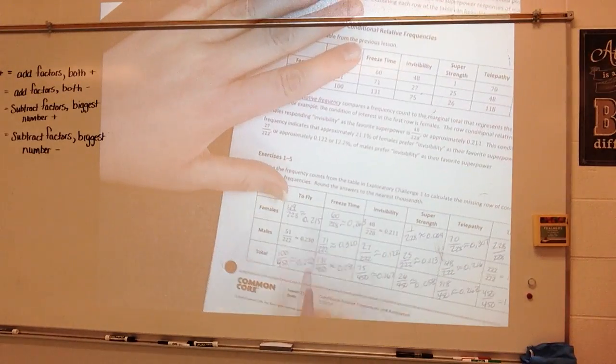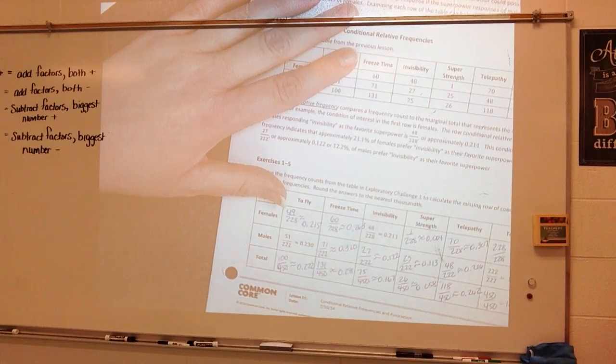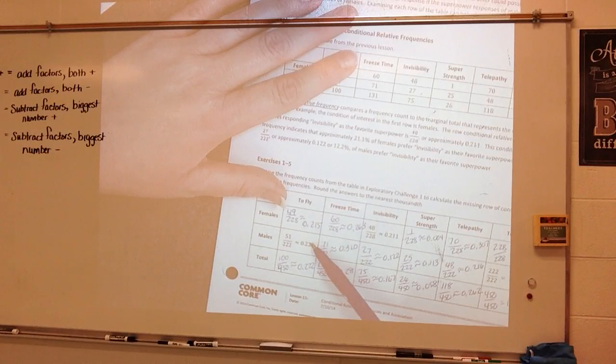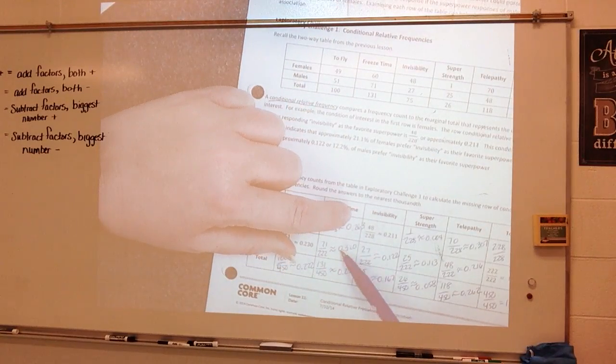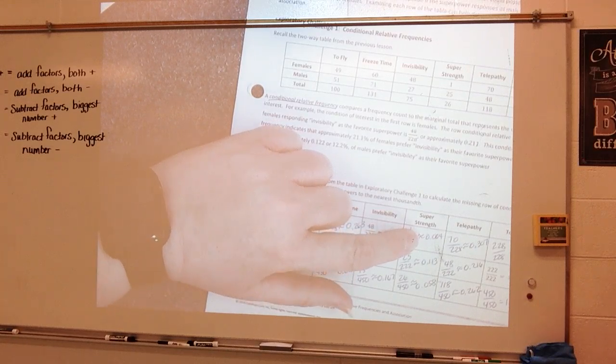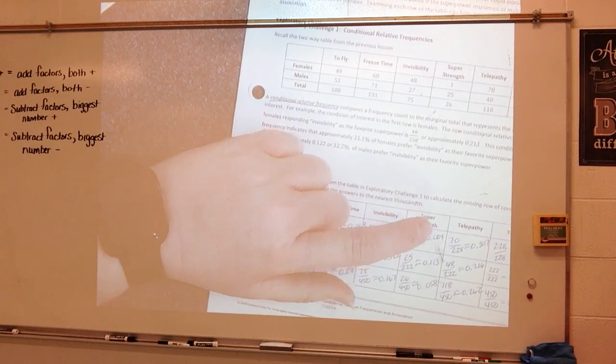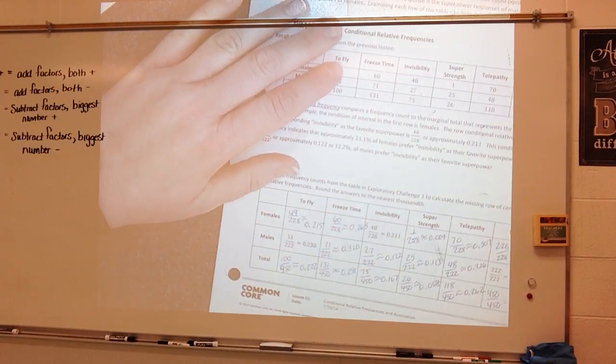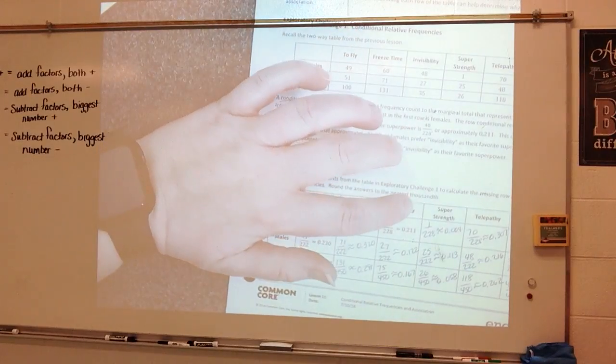So let's go back and see which one is very different. This one, not a whole lot of difference. This one could be. This one could be. But look at this one. 0.004 and 0.113. That's quite a bit of difference. So the most noticeable difference, I think you're going to see would be super strength.